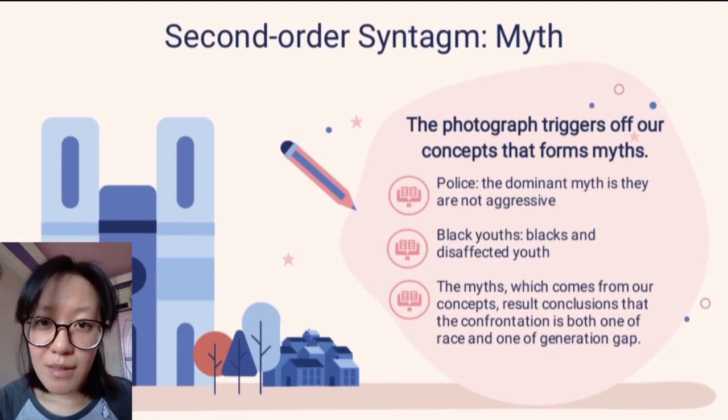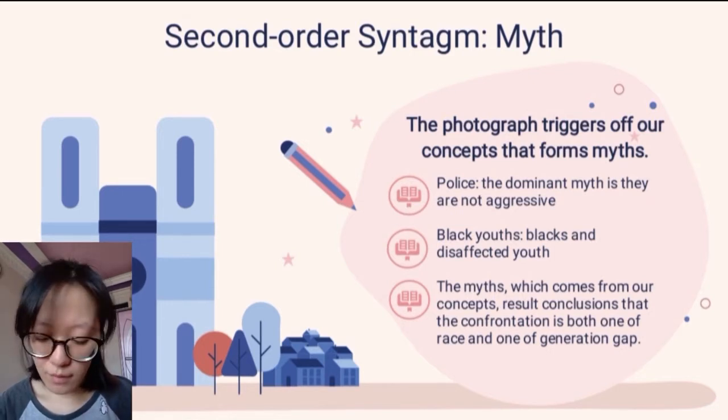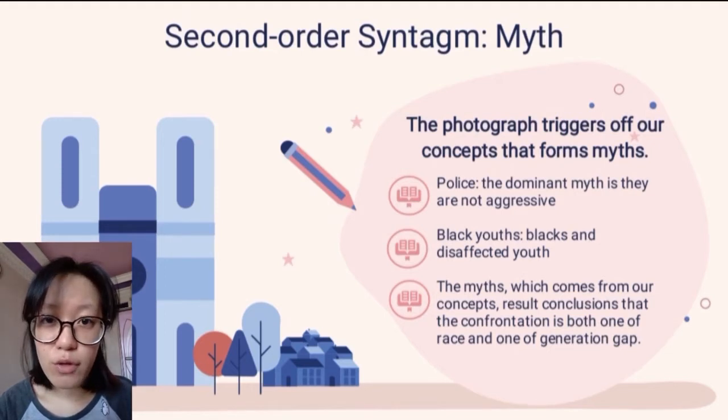The dominant myth about police is that police are not aggressive. They are the ones who are supposed to keep peace in our society, while the black youth are affected youth, which refers to young people rebelling against aspects of society.